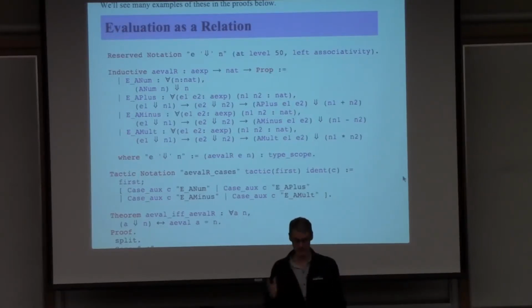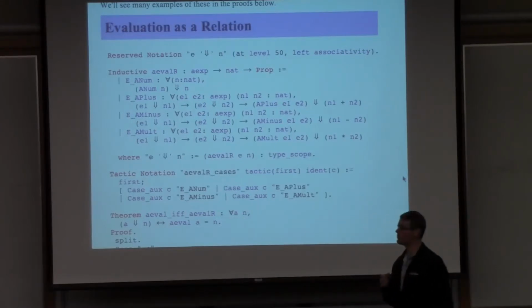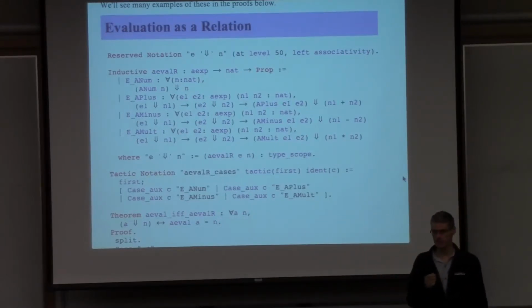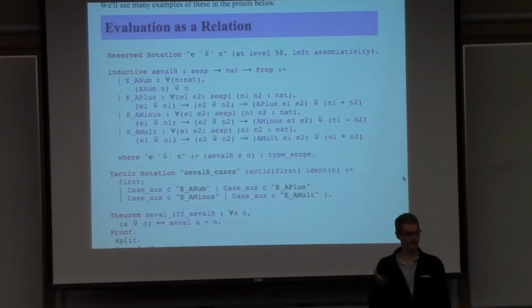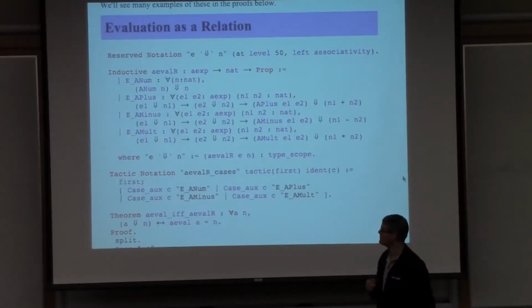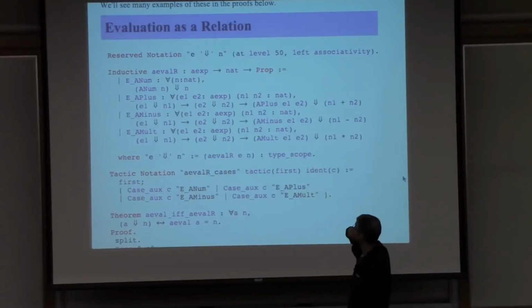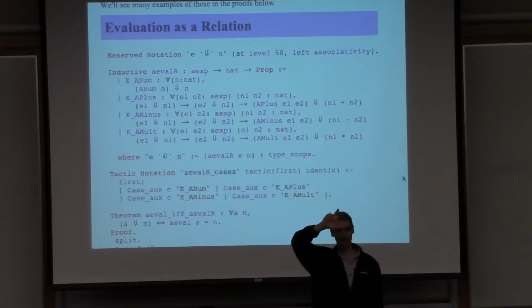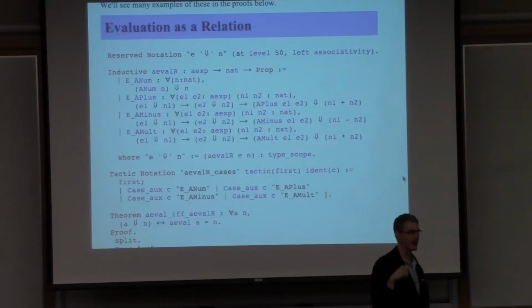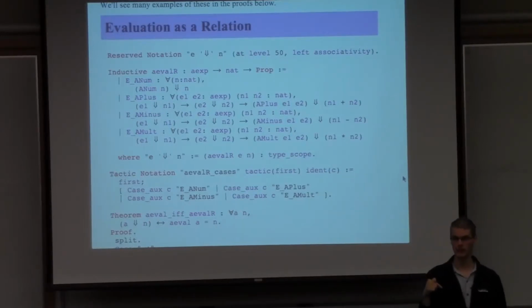It's a scheme for the way all inductively defined relations are going to look. So first of all, one little notational trick is we've seen that we can define something and then afterwards define a notation for it.